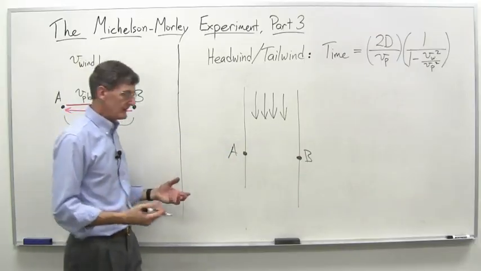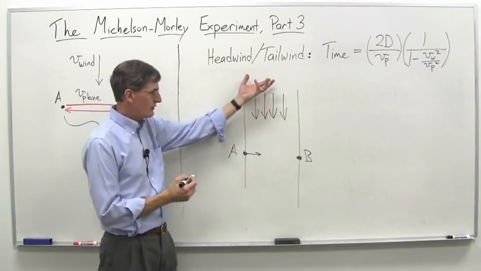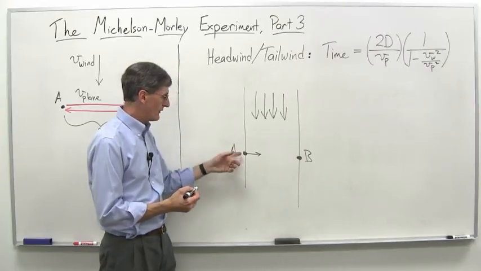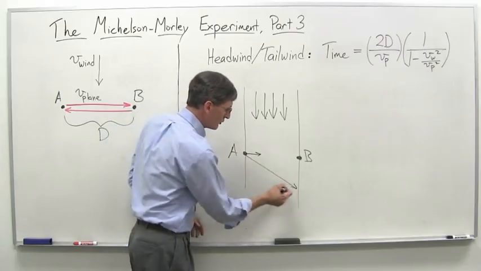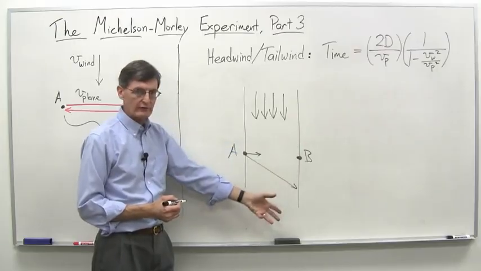Well, if I were to swim straight like that, the current of the water is going to push me downstream. So if I try to travel straight across, I'm actually going to end up going like that, and I will not end up at point B. I'll end up someplace downstream.